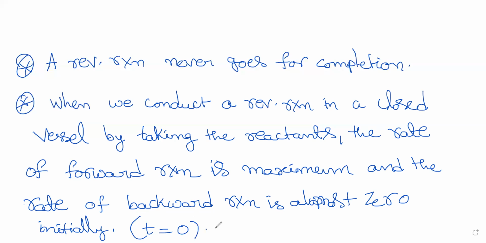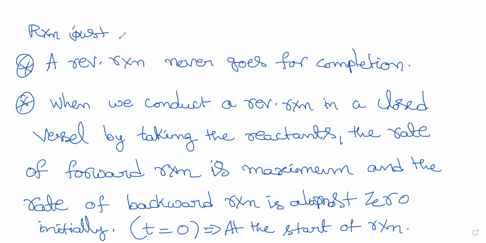Suppose you have taken all the reactants in the closed container and kept all the reactants together. That is the situation we call zero time. We just started the reaction. At the start of the reaction, the backward reaction rate is 0. The rate of backward reaction, let us call it RB, will be 0.